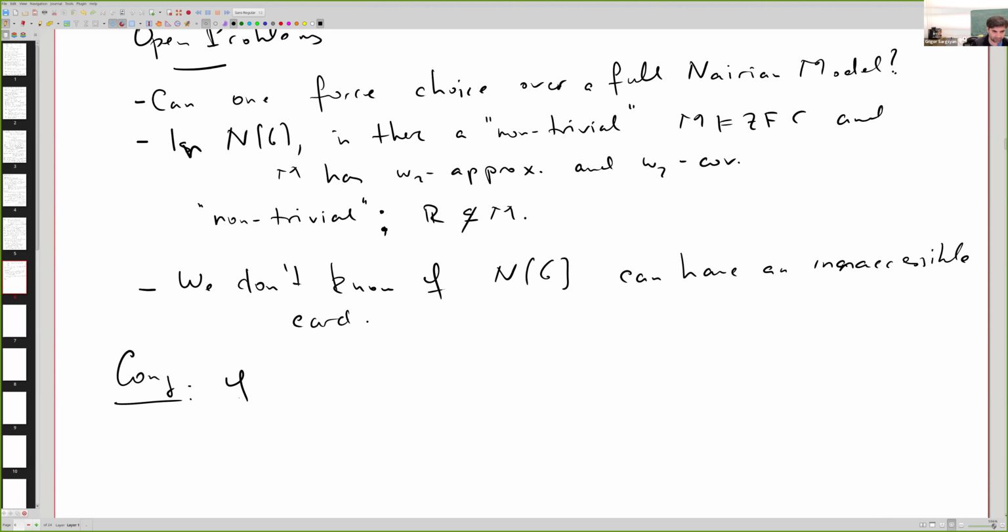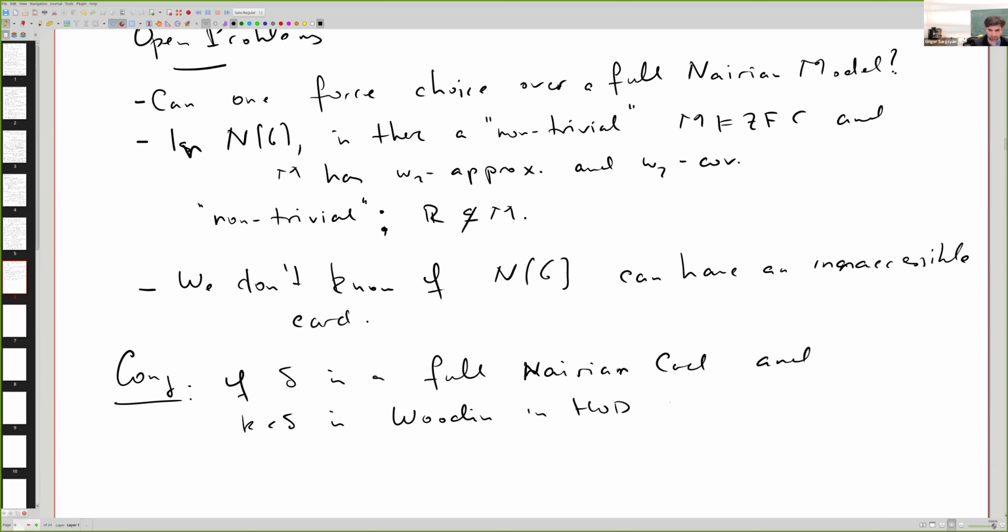If delta is a full Nairian cardinal, and kappa less than delta is Woodin inherent, and less than delta strong, then delta thinks kappa is Woodin.